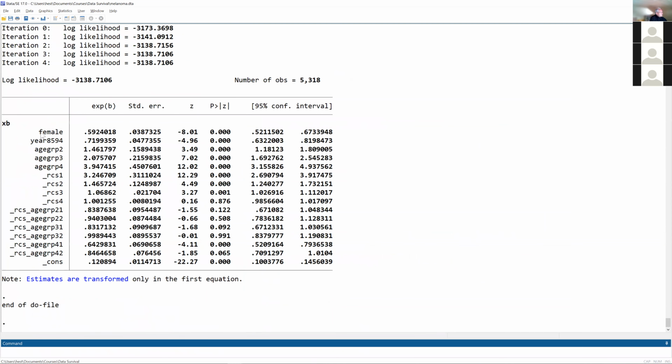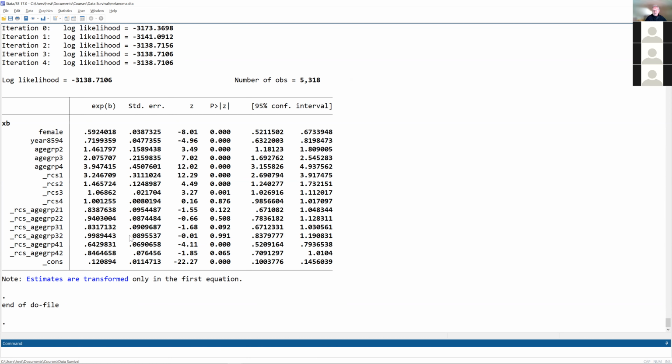So here is the effect of female, here is the effect of age, and here is the effect of the 3 age groups. Here are the 4 splines for the baseline hazards. Here are the 2 splines for age group 2, so spline 1 and 2. Here are the 2 splines for age group 3, 1 and 2, and for age group 4.